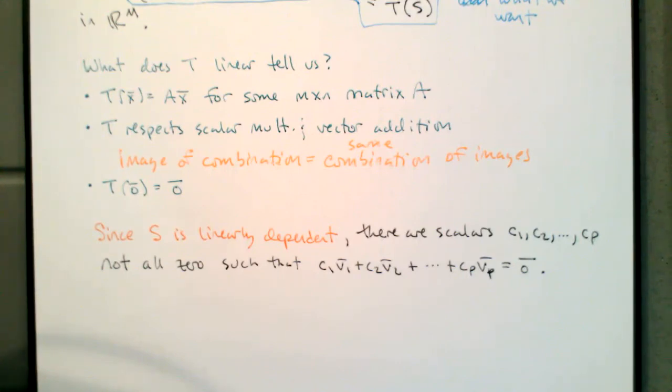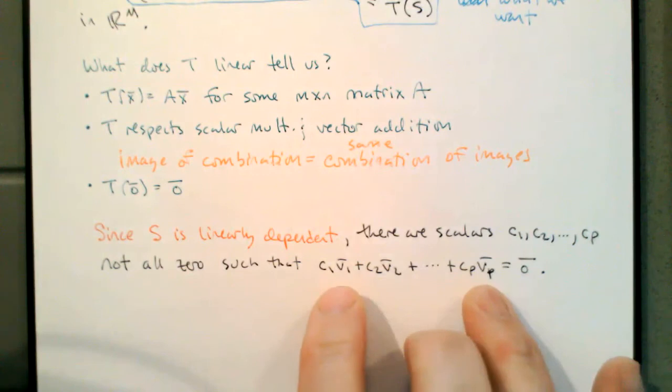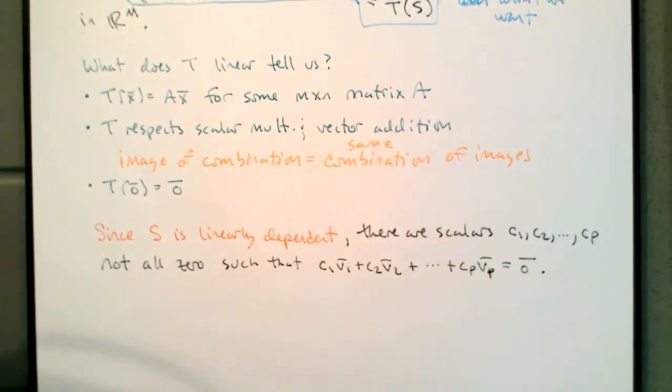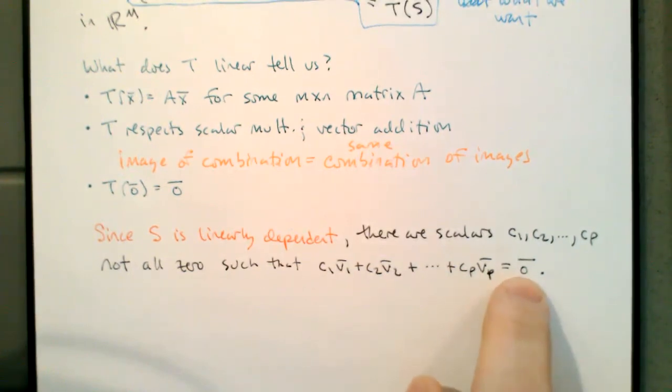Now we're going to use the fact that the image of this combination is just going to be the same combination of those images, and the image of 0 is 0. And that's because T is linear.